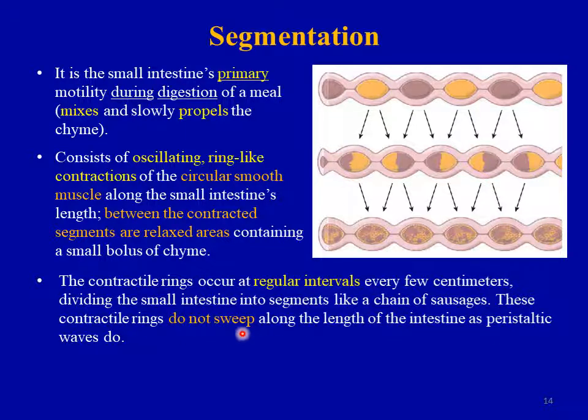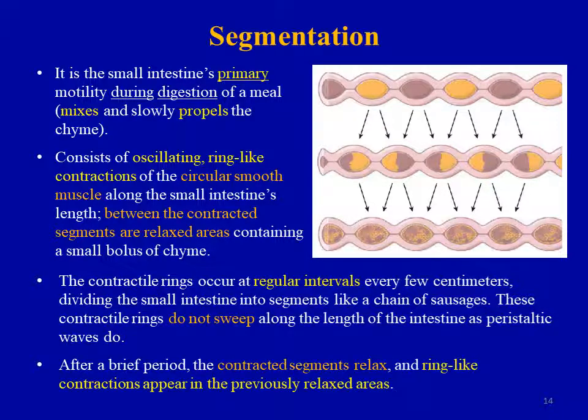They don't sweep along the length of the small intestine as peristaltic waves do, because they are not peristaltic movements. After a brief period, the contracted segments will relax and the ring-like contractions appear in previously relaxed areas.